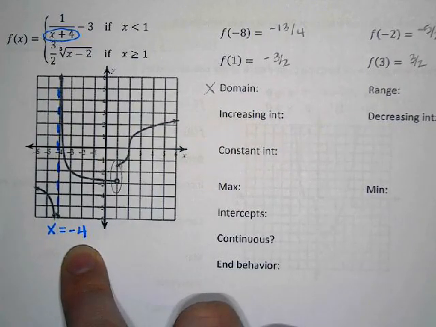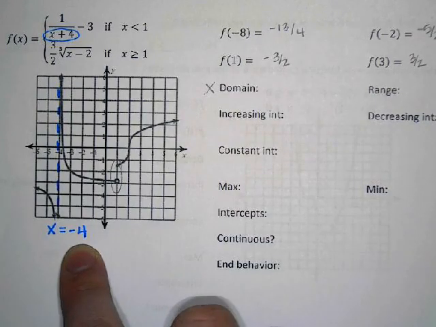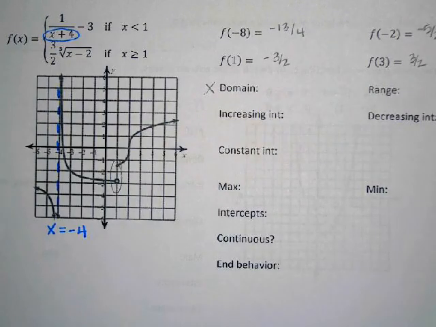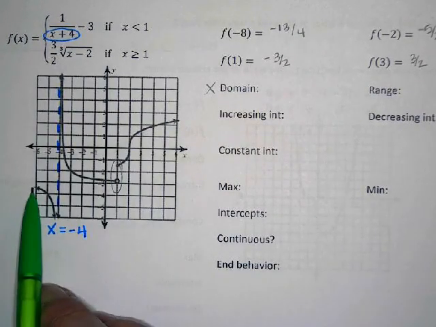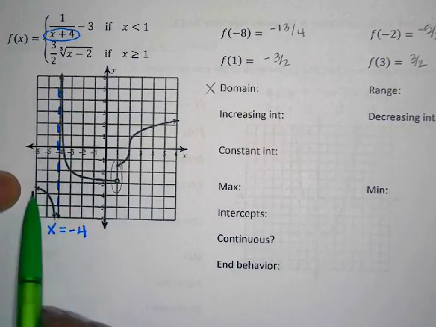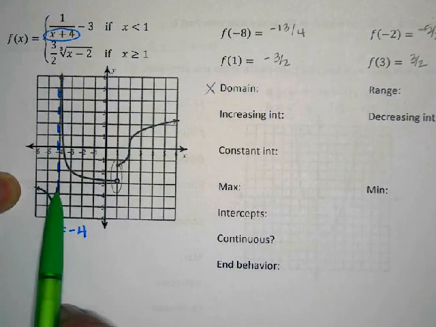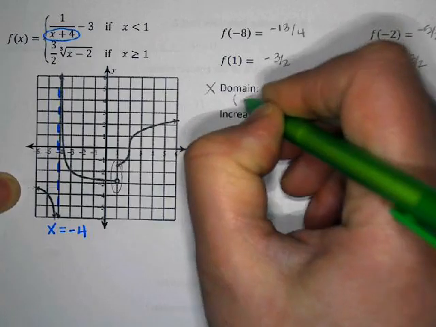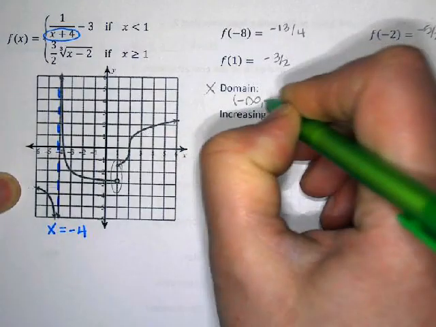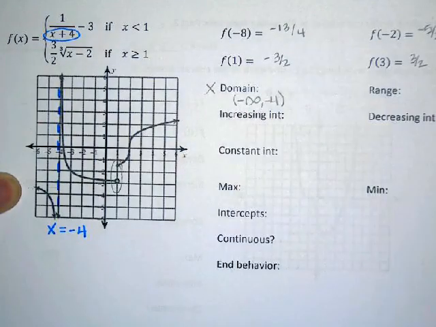Does anyone know how to write that? Will you pass that to Kim for me? How do we show that we have all of the x values, but we're skipping -4? We're going to use parentheses. Yeah. So we're going to do negative infinity up to -4. I'm going to write negative infinity up to -4, and I'm going to put parentheses because I'm not using -4.